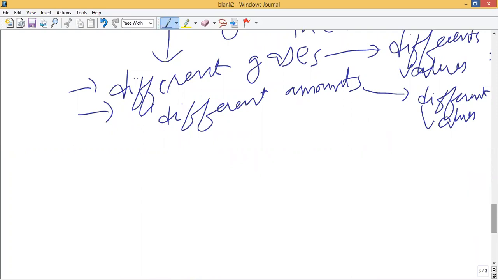So constant volume gas thermometers, if you put different gases and different amounts, will give you different values of the temperature.